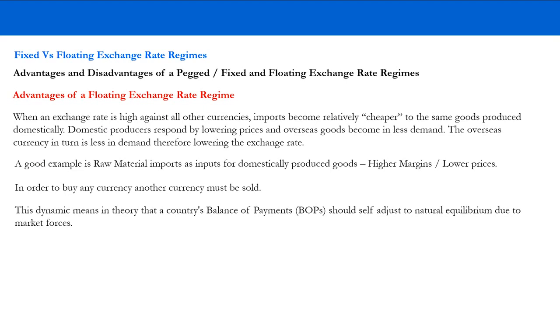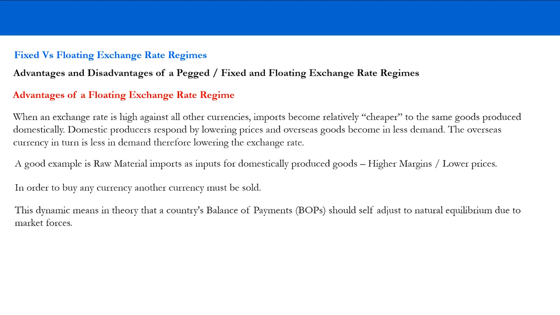Now, this example with the importers, a good example is raw material imports, for example, as inputs for domestically produced goods. So what happens when, for example, a manufacturer that requires an input from abroad experiences an increase in the exchange rate.